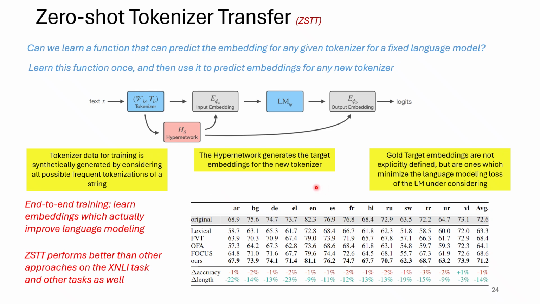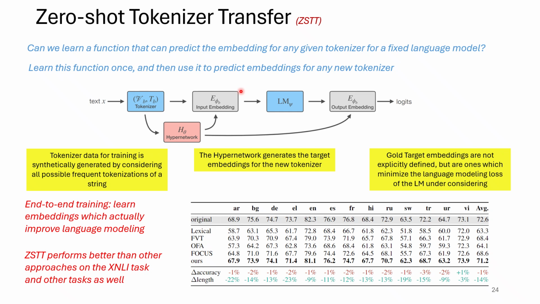But the thing is, you don't know the goal target embeddings to train this for. Well, you don't need to know. What you can do is feed the output of this hypernetwork to the language model you're interested in, so initialize the language model's input and output embeddings, and then do standard causal language model training.